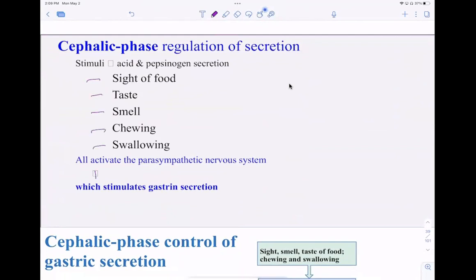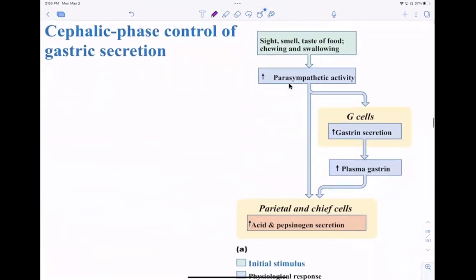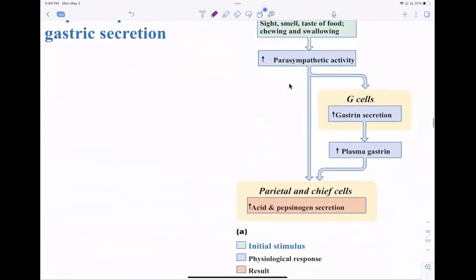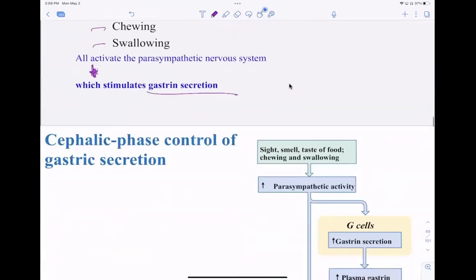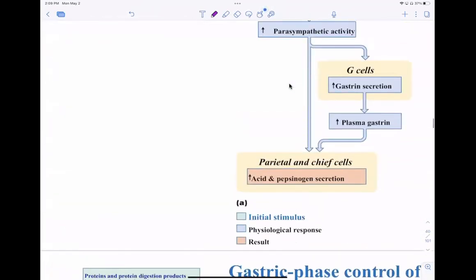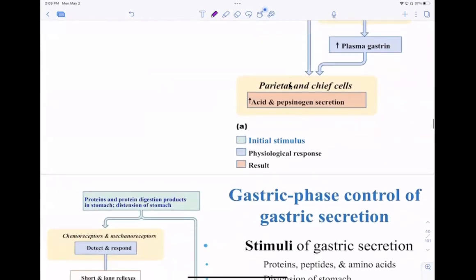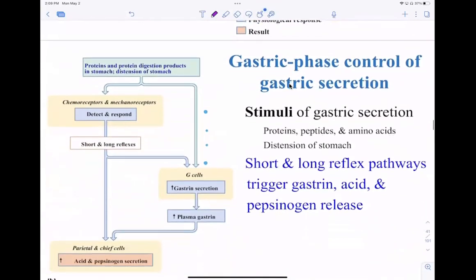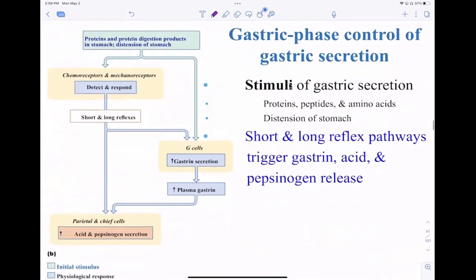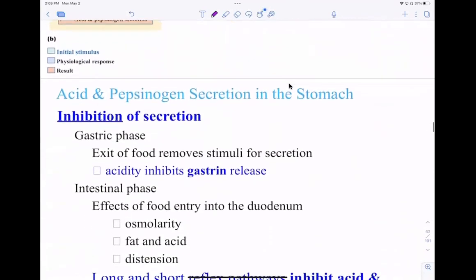And this activates the parasympathetic nervous system, which then stimulates gastrin secretion, which then starts to stimulate the release of hydrochloric acid and pepsinogen from the parietal and chief cells, and also stimulates smooth muscle contraction of the stomach. And so you get digestion in the stomach.